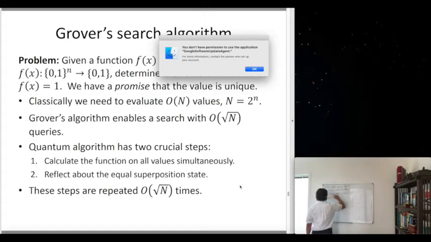So the result will be x, y if omega does not equal x, and therefore f of x equals 0.